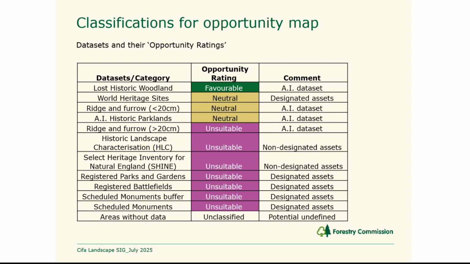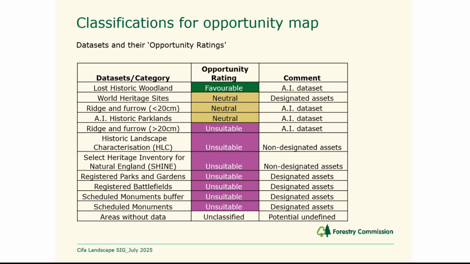The way we did that is we used an AI data set, which was done by ArcAI, who mapped historic woodland using AI on the 2nd edition OS map. Then we took off the NFI, which is the National Forestry Inventory. We took that off of existing woodland, and this gave us a data set of lost historic woodlands. So this is where we think we've got favourable opportunity for woodland creation.